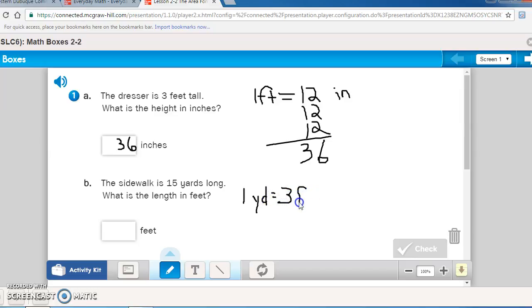And how many did it say we had? It said 15. So you either have to do 3 15 times and then add it up, or you can do 15 times 3. Or write 15 down 3 times and add that up, and that's going to be your answer here.